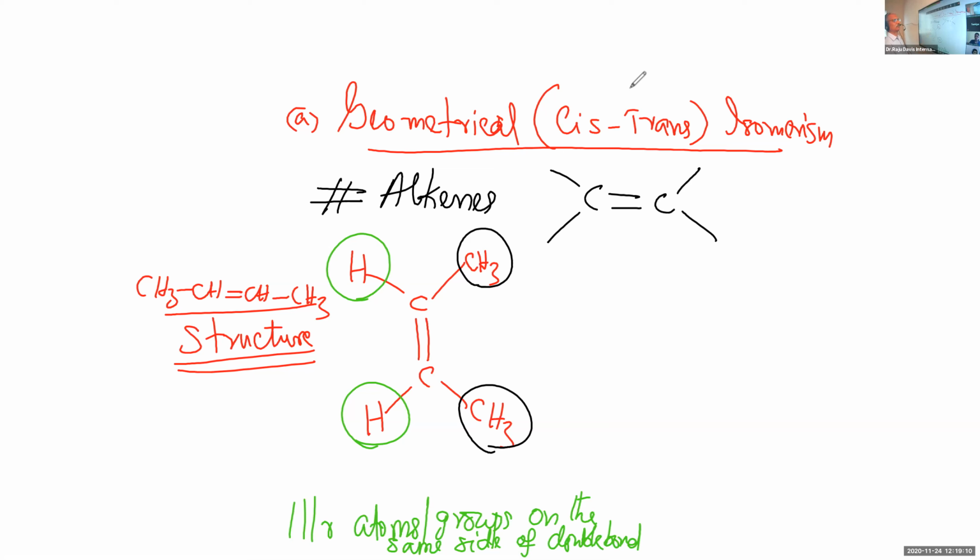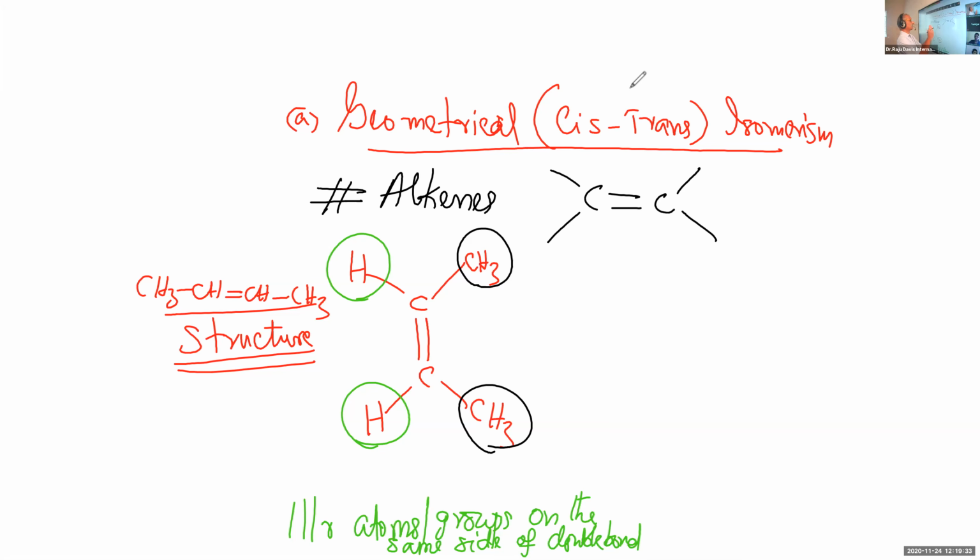That means the plane of the board. Now you consider a plane perpendicular to the board, and the plane is passing through both the carbon atoms. Now you examine the spatial arrangement of similar atoms and groups.